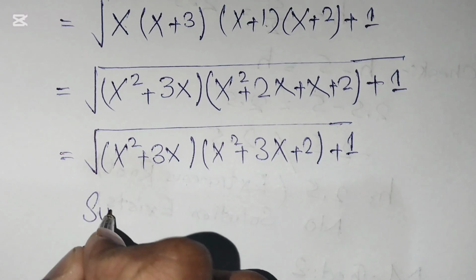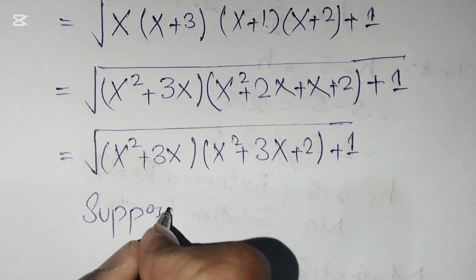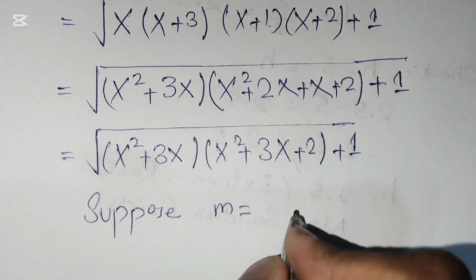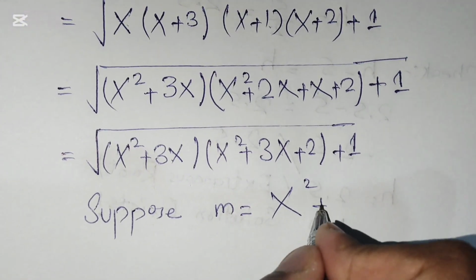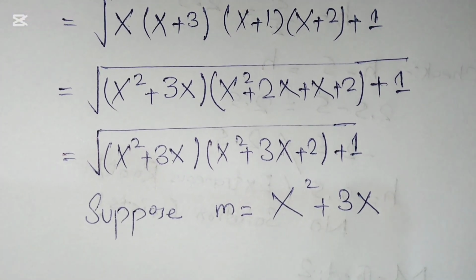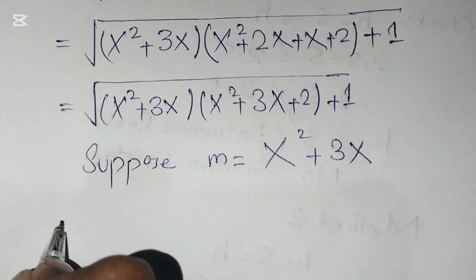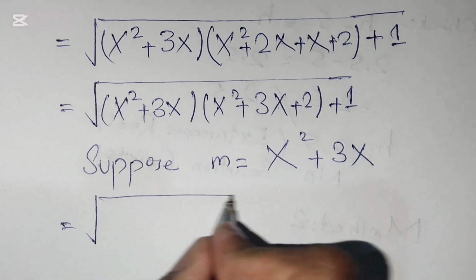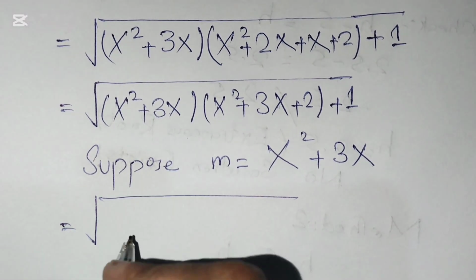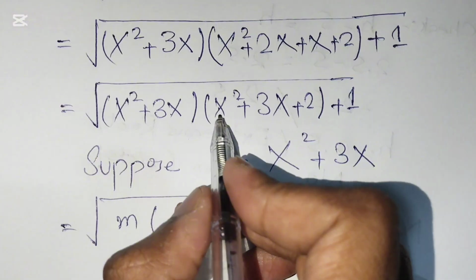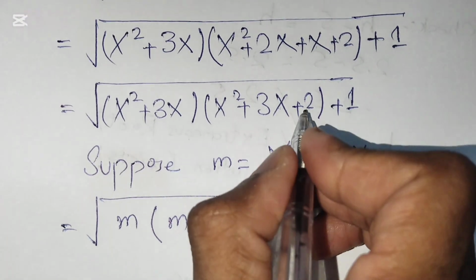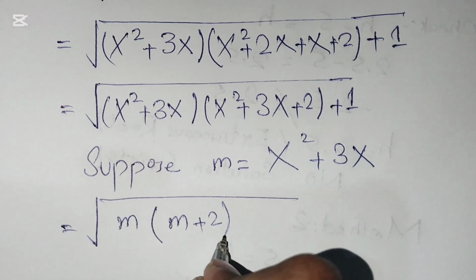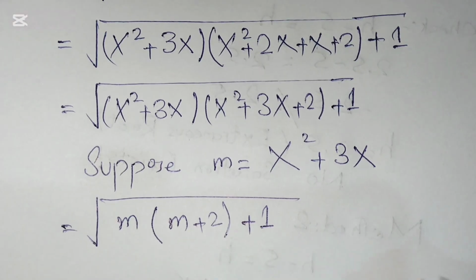We will suppose m equals x square plus 3x. So the equation now becomes this whole replaced by m times m plus 2, plus 1.